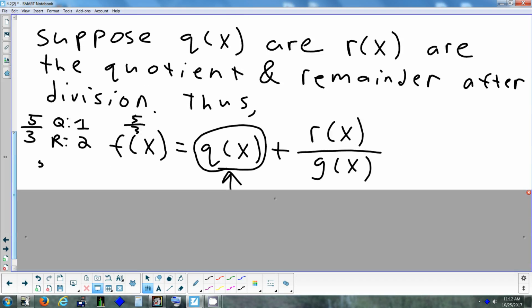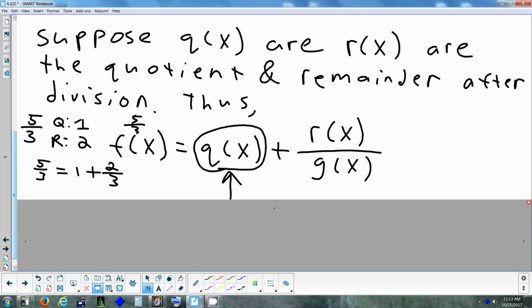Now my quotient was 1, and my remainder was 2. And what did I divide by originally? 3. If that works, then I did it correctly. Is 5/3 equal to 1 and 2/3? Yeah. So in this case, f of x equals my quotient plus my remainder over my divisor.